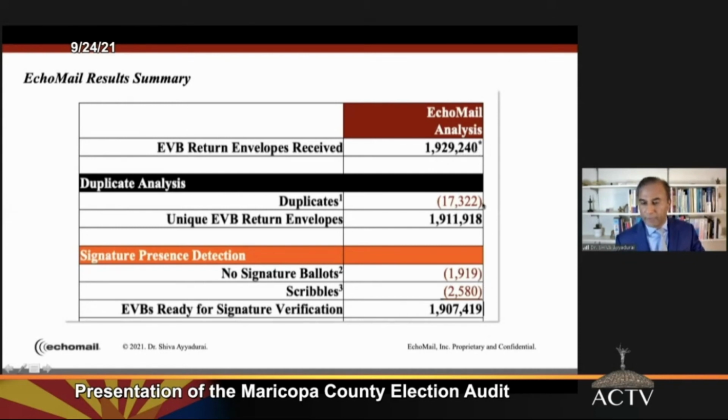The 17,322 were removed to get this many unique return envelopes. And then we subtracted the non-signature and what we call scribbles to come up with a total of 1,907,419. So this is what, in this analysis, should have gone to signature verification.